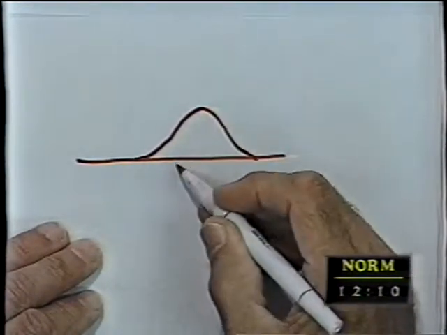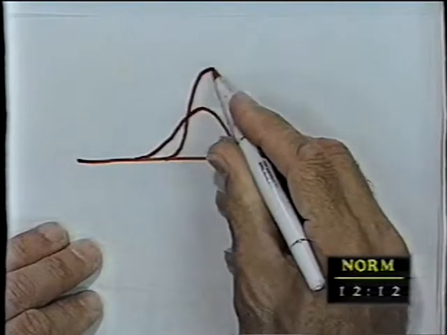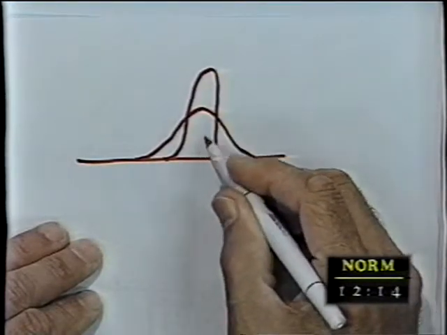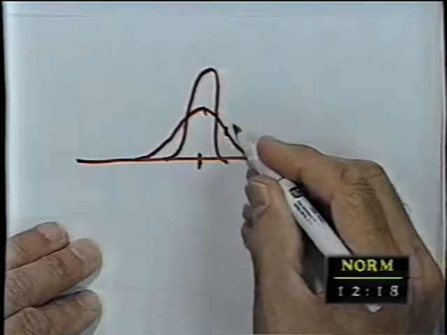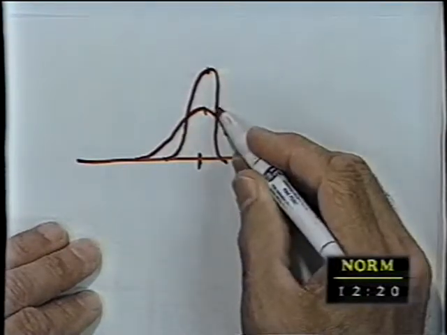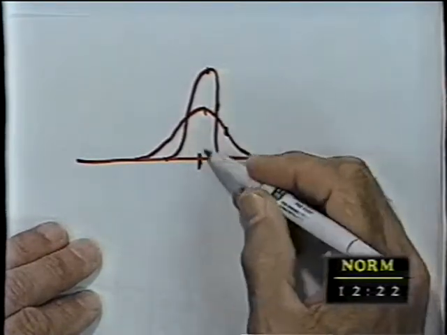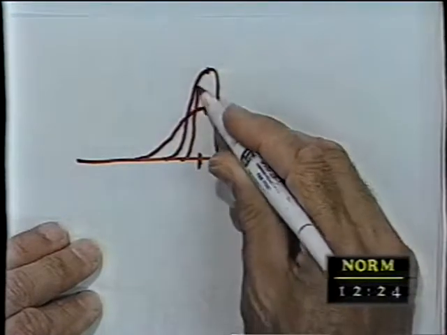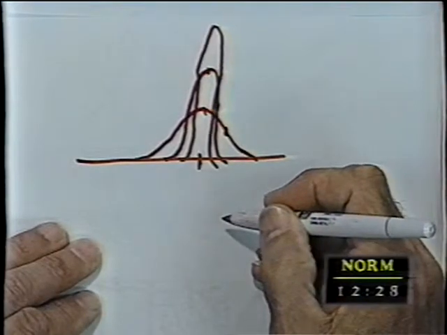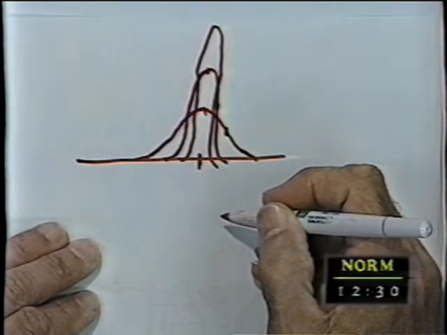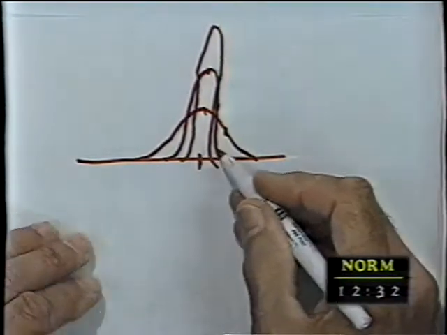And if we take an average of 5, say, the distribution looks like this. It's getting skinnier. Well, what's getting skinnier? The mean is staying the same. The standard deviation of this one was this big. The standard deviation of this one is only that big. As you take more and more observations, it got skinnier and skinnier. That is, the standard deviation was getting smaller and smaller. The only question left is what's the rate at which it gets smaller?